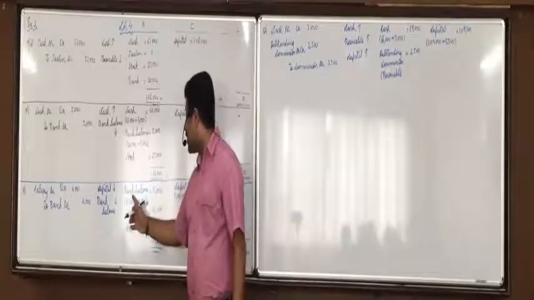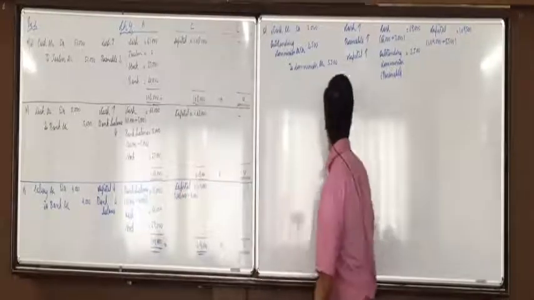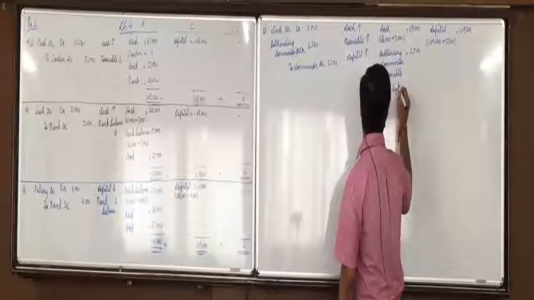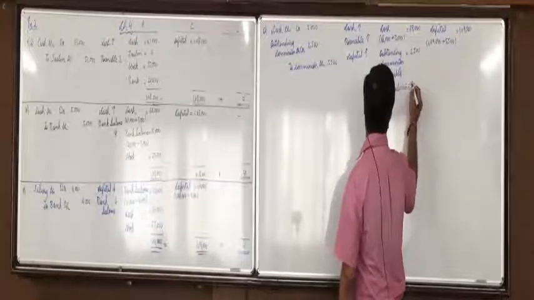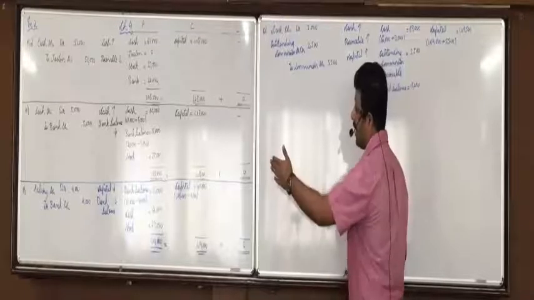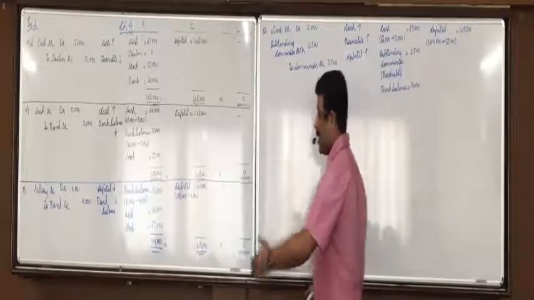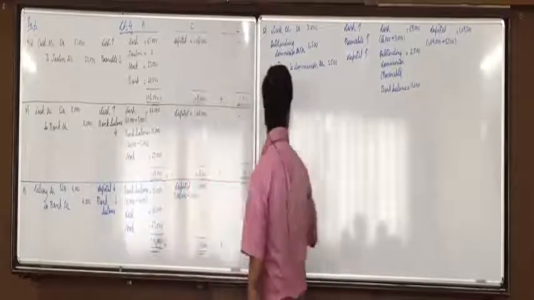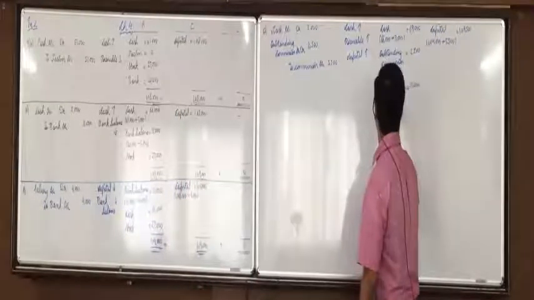Did we write bank balance? So bank balance 11,000 will remain as it is. Did we write cash? Yes. So cash will not write again. Did we write stock? So stock 27,000 will remain as it is.